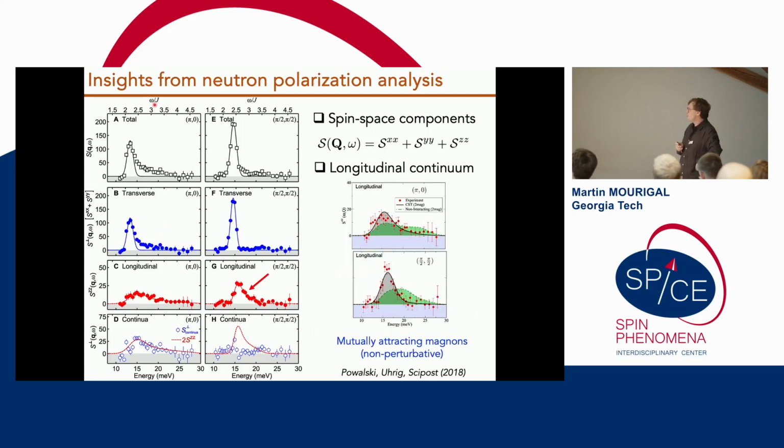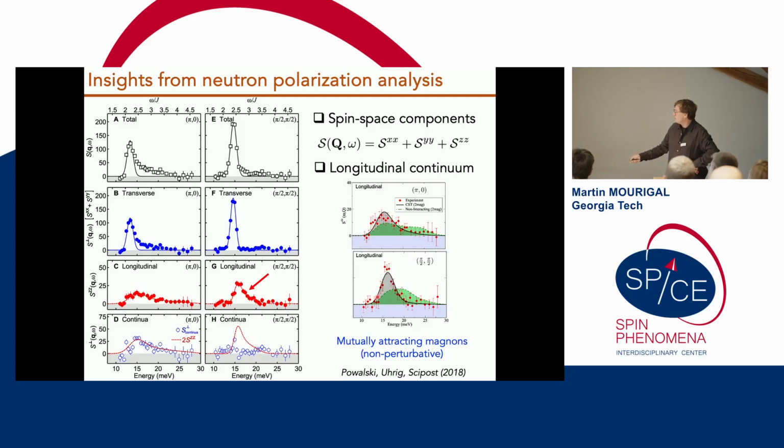But there has been some development since. In particular, the group of Götz Uhrig posted a very nice paper that reproduces the observed line shape. The part I was missing as a student is that it is at pi/2 that there is this peak in the longitudinal channel, almost a quasi-particle peak in the two-magnon continuum. That tells you something is happening between the magnons: in the non-perturbative sense, the magnons are attracted to each other.